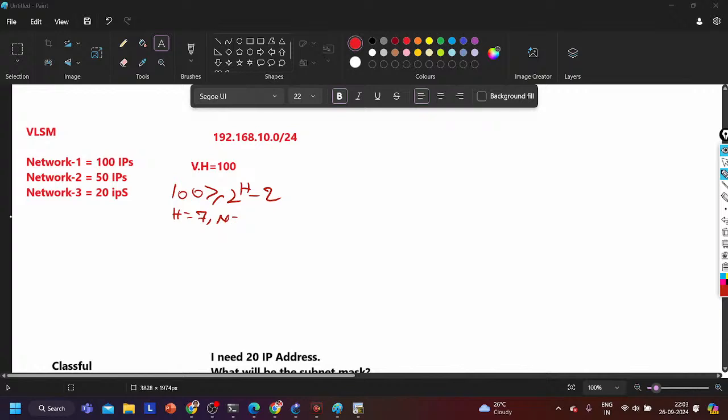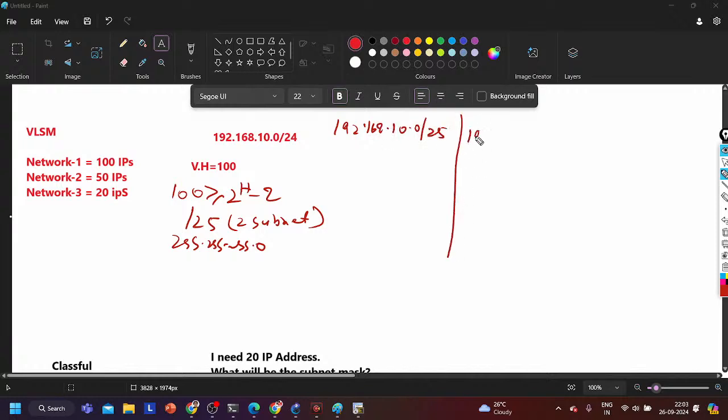So guys, the CIDR value is very clear. That is 25. Means the subnet mask 255.255.255.128. And how many subnets are there? 2 subnets are there. First subnet is 192.168.10.0/25.